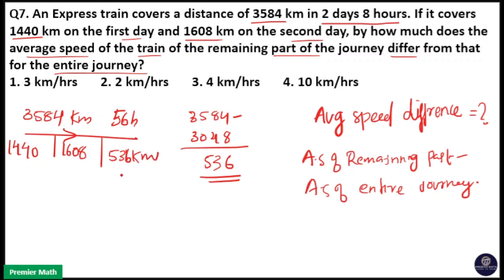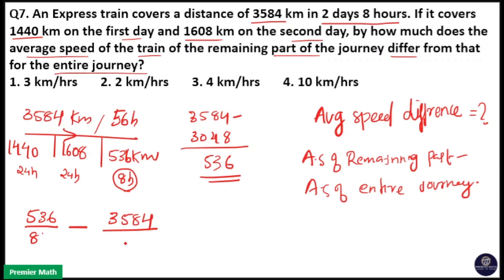So the remaining part of the journey is travelled in 8 hours, since a day is 24 hours. That means the average speed of the remaining part of the journey is the remaining distance divided by time, minus the average speed of the entire journey, which is 3,584 divided by 56, total distance divided by total time.